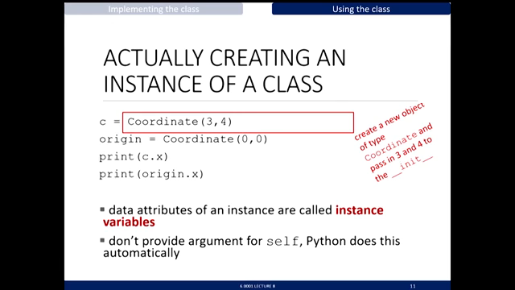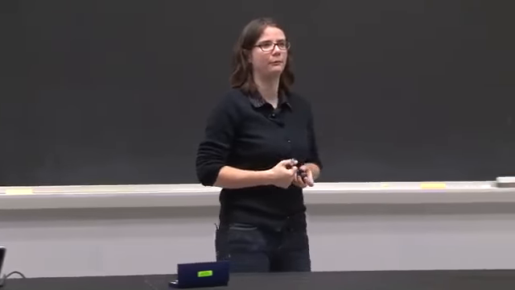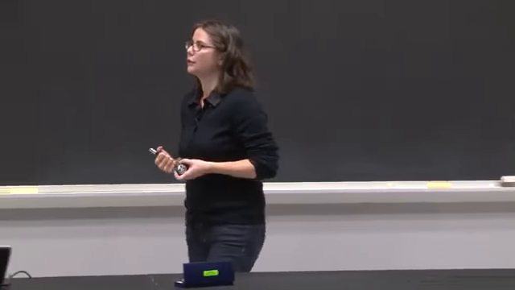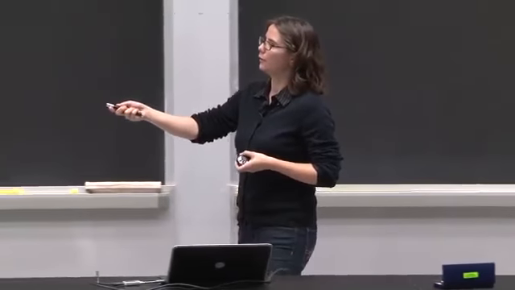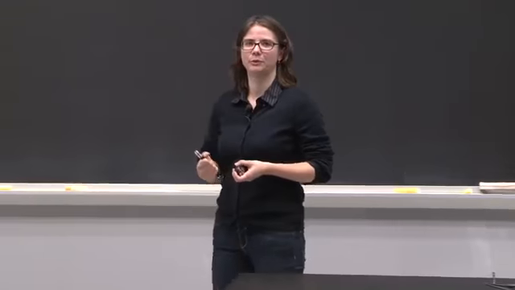We can access the data attributes using this dot notation, and we've seen that before, right? When we've worked with lists, we'd say something like l.append. So the same dot notation can be used with your own objects in order to access data attributes.